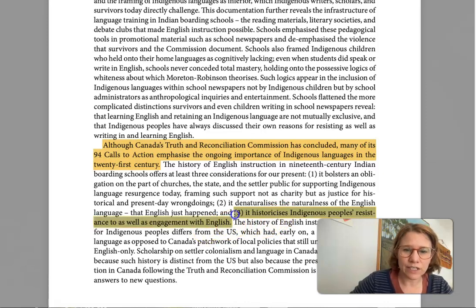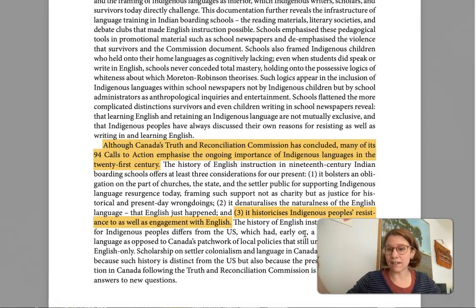But it also, she says, historicizes Indigenous people's resistance as well by trying to maintain ties to their culture, ties to their language, and preserving that despite efforts of the government and of the school systems, the authorities in the schools, to eradicate language, eradicate culture. There were those students who kind of held on to their language and fought for that in various ways.